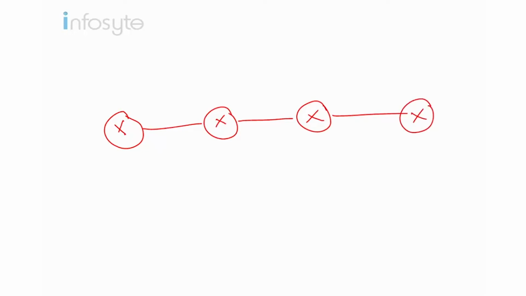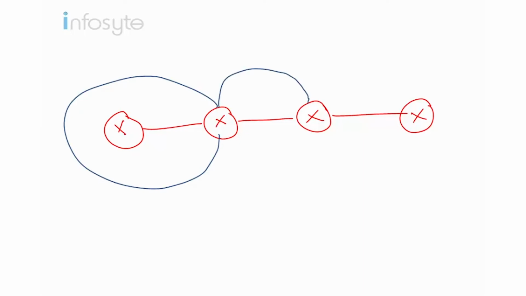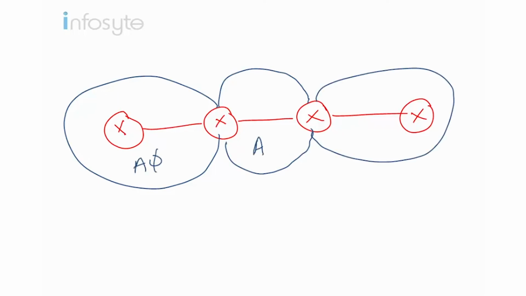There's another example. Let's say right now I have 4 routers. I have an area 0, area 1, and area 0.